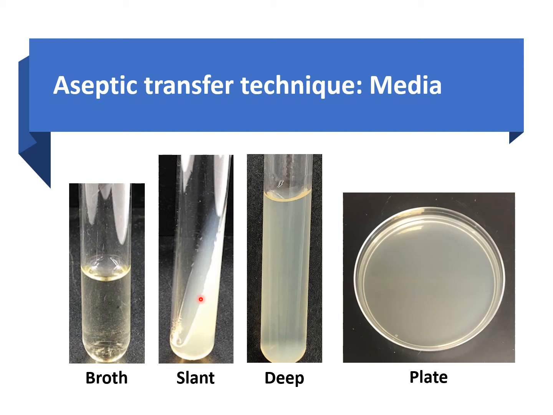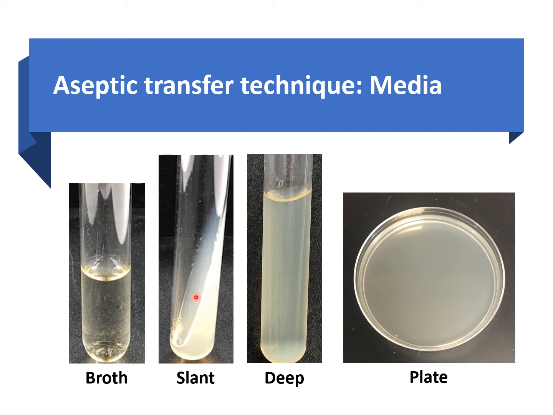We have a slant. A slant is, again, poured in a tube. Now the slant does have agar, and it's going to be solid, okay. So a slant is a solid type of medium.